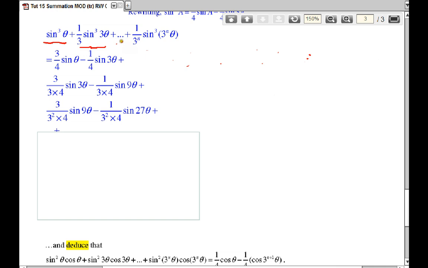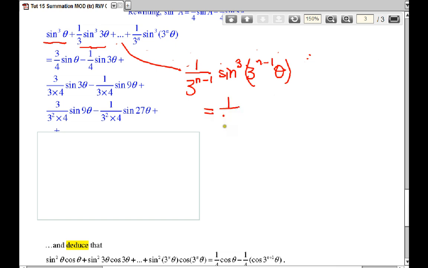The second last term is 1 over 3 n minus 1 sine cube 3 n minus 1 theta equals to what? 1 over 3 n minus 1. Sorry for the bad handwriting.